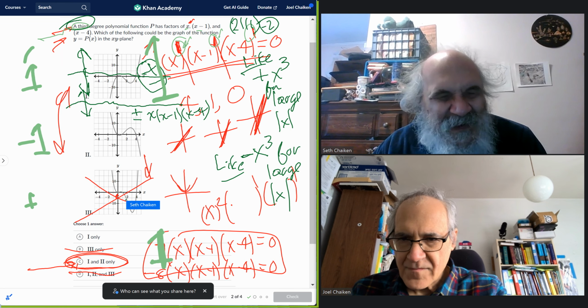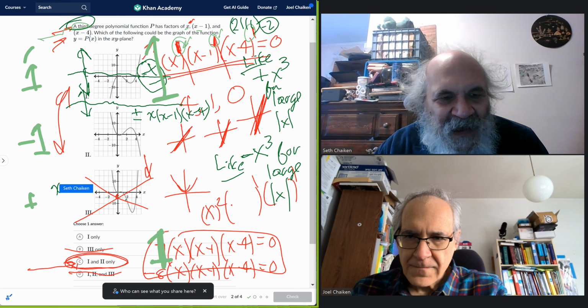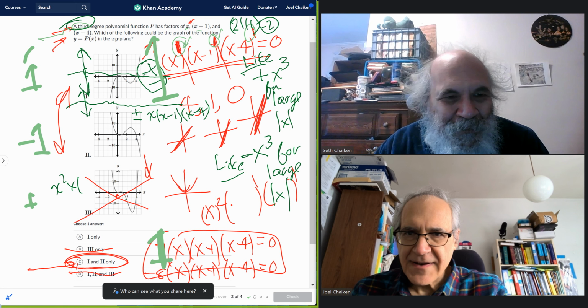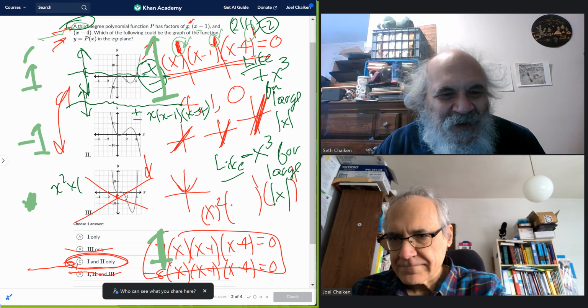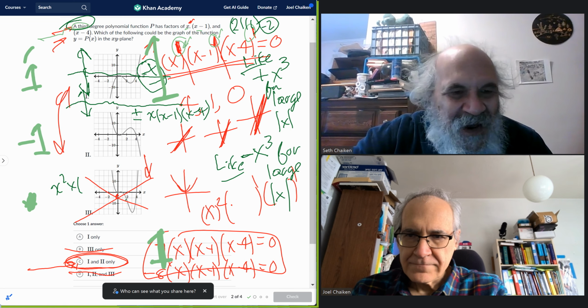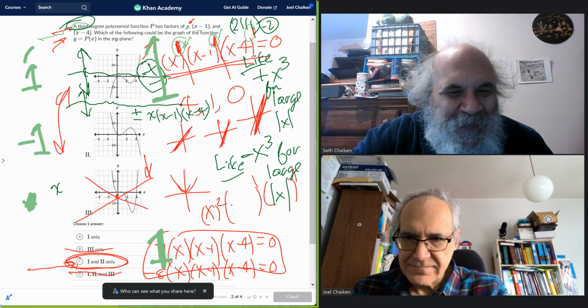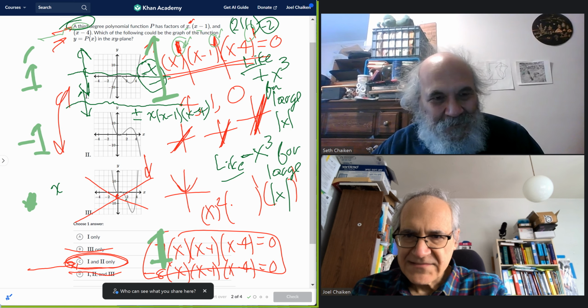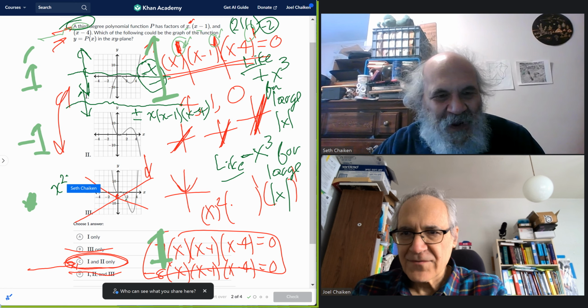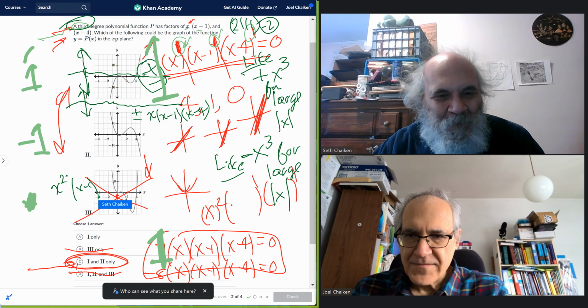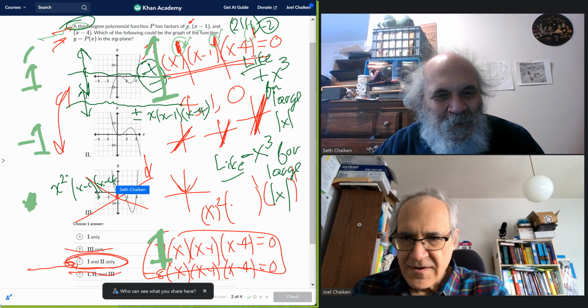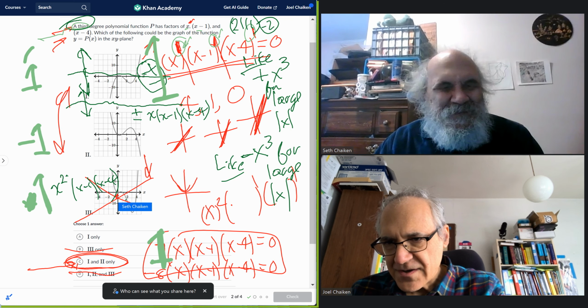So this one, I think, is exactly x squared times x minus 1 times x minus 4. Right. So in other words, the coefficient there is a 1.